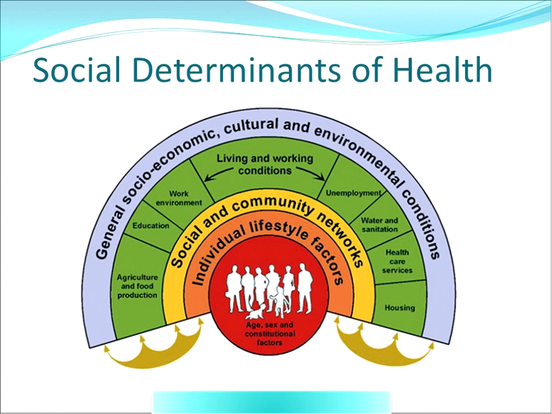As we look at that wider scope in the purple and green, the general socioeconomic, cultural, and environmental conditions in which an individual lives, we can begin to see how these can really affect their health. So, for example, what is their housing?